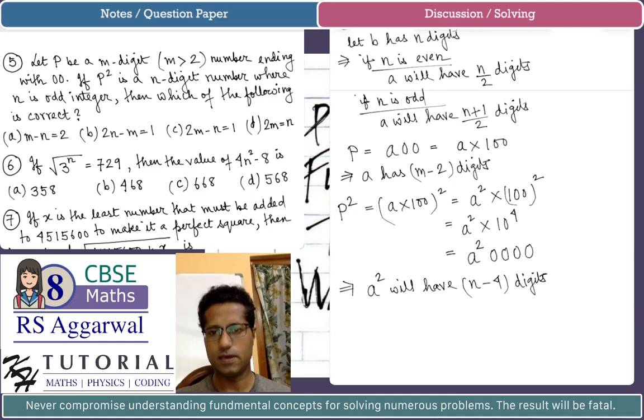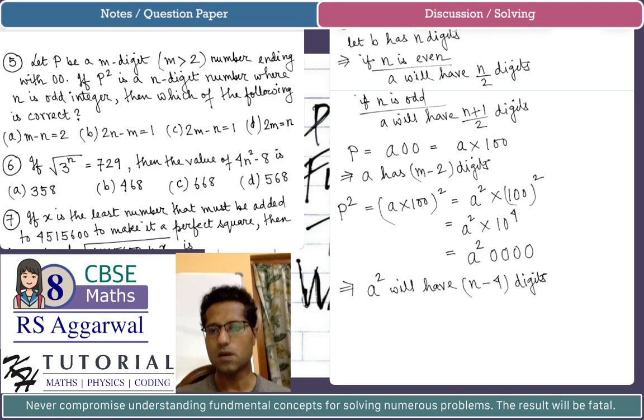Here we have assumed that the number P is expressed as A00, because P is ending with two zeros. The last two digits will be 0, and all the digits before the last two digits we have considered as A. So P is A00, which is actually A multiplied by 100. From that we got P square, which is A square multiplied by 10 to the power 4.